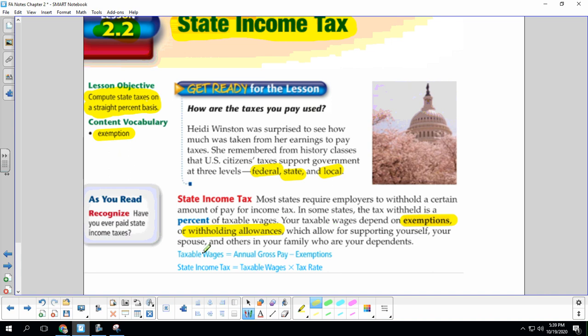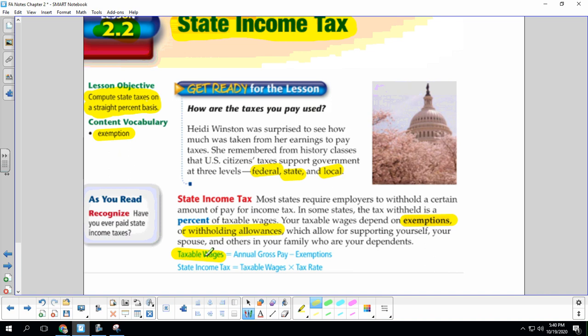So most of the time, young people like yourselves, because you don't have dependents, you're not eligible for a tax refund.